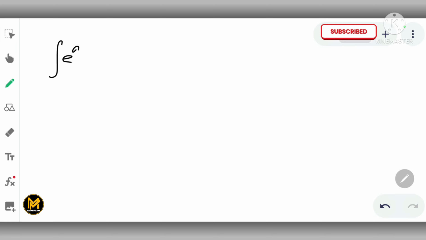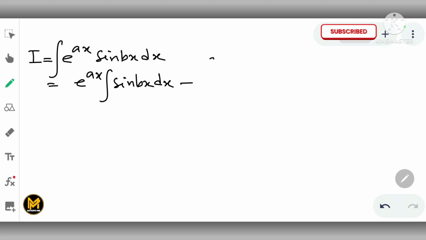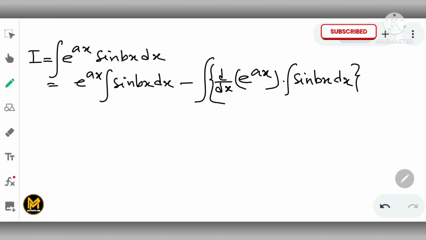First we will take the integral of e to the power ax sine bx dx. Let it be equal to I. Now according to the formula of integration by parts, we will take e to the power ax as the first function, and then the integration of sine bx, minus the integration of the derivative of e to the power ax into the integration of sine bx dx, whole integrated dx.